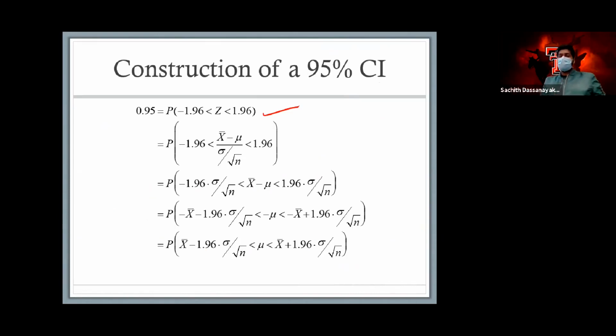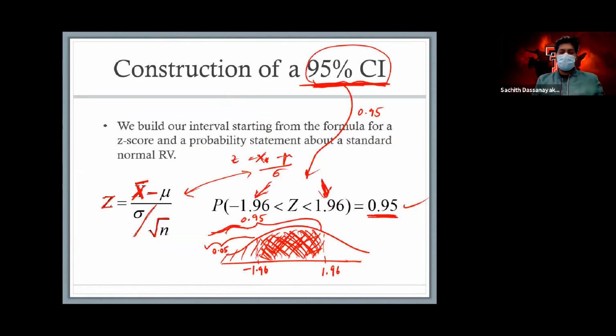Now I'm going to break down the idea behind Z. Here Z is not X minus mu divided by sigma.